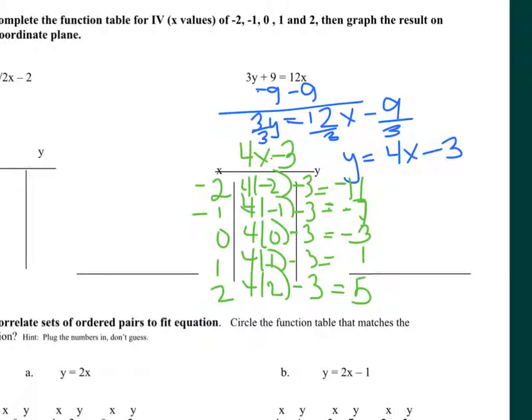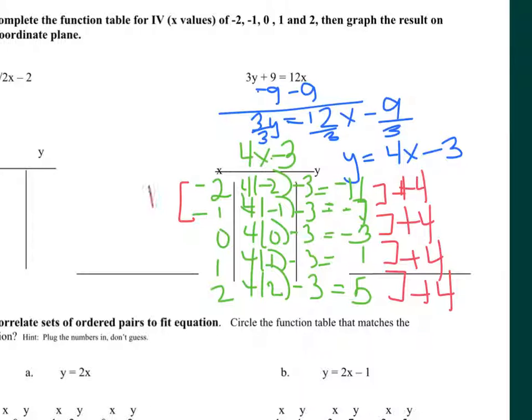So what we can see is what's going on is that each value of y is going up by positive 4. Okay? So each value of y is going up by positive 4. Each x value is going up by 1. Okay? So what we're looking to do is do our graph.